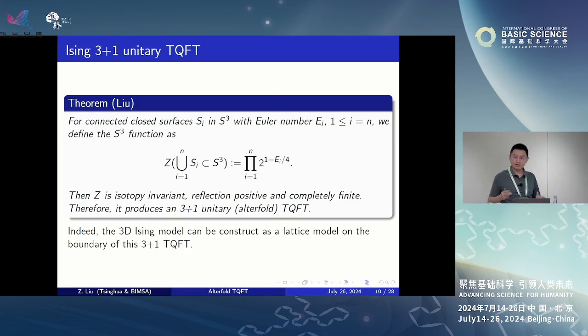Compared to the higher categorical approach, this middle point is no longer an n-category, since it's very difficult to construct an n-category with such a unitary condition, but much easier to construct just a linear function with reflection positivity. It's much easier to check this condition.